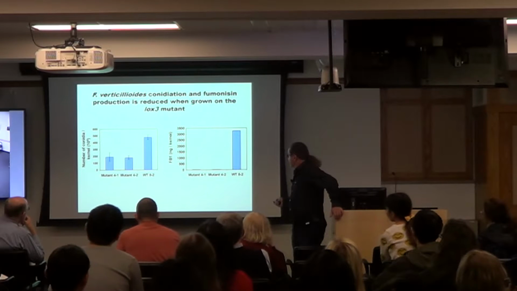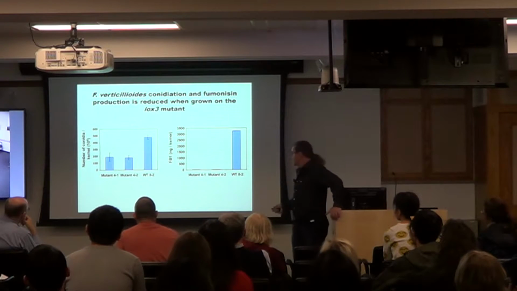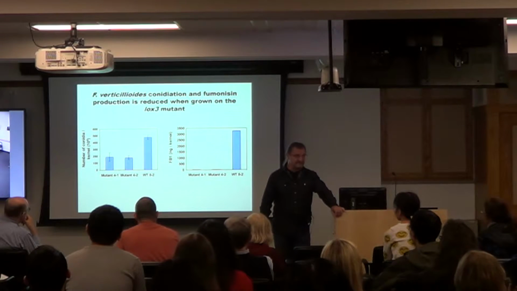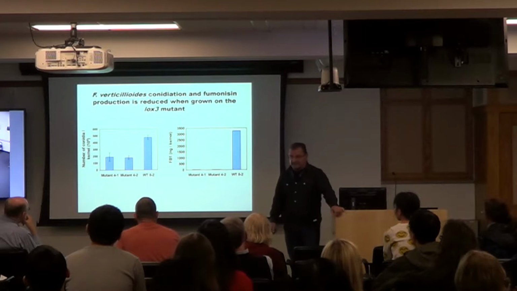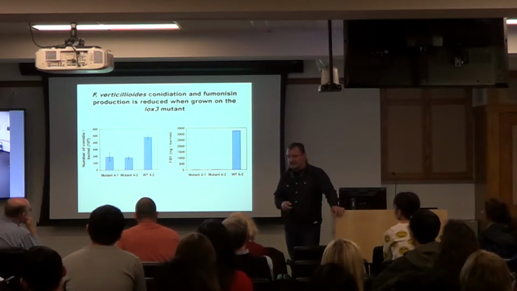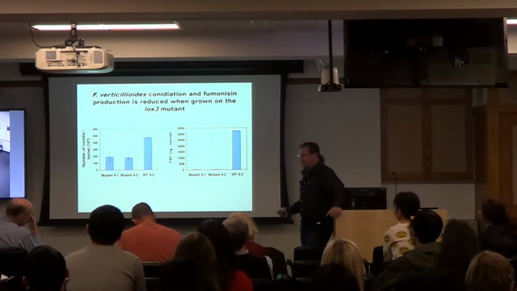All of a sudden, when the fungus is grown on the LOX3 mutant, it produces about 200-fold less mycotoxin. This suggests that LOX3 is required for induction of mycotoxin biosynthesis. We do not know even now how it works, but that is a fact. That's what the LOX3 function is.